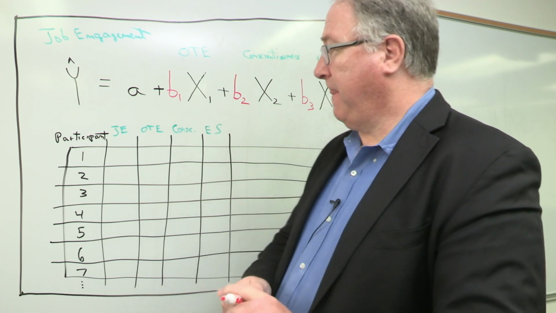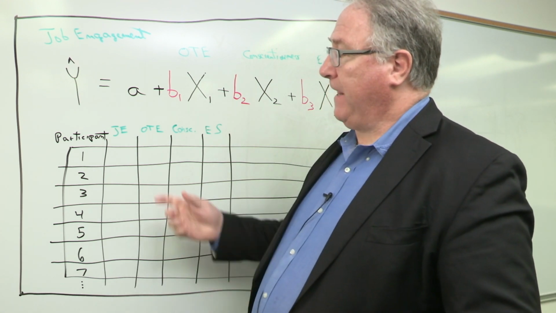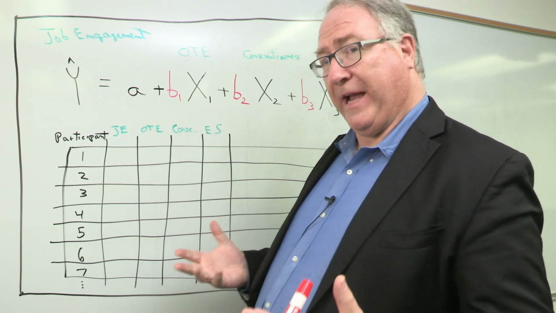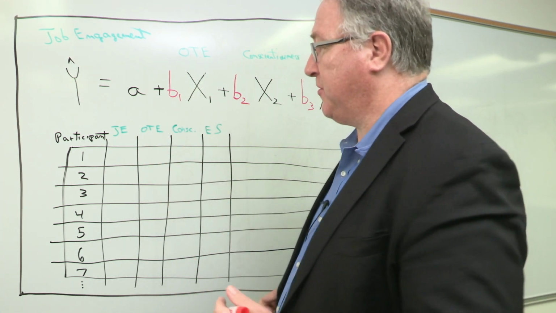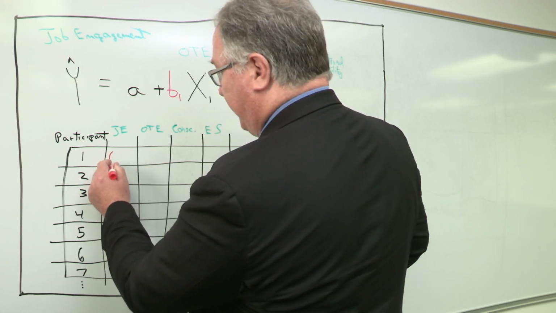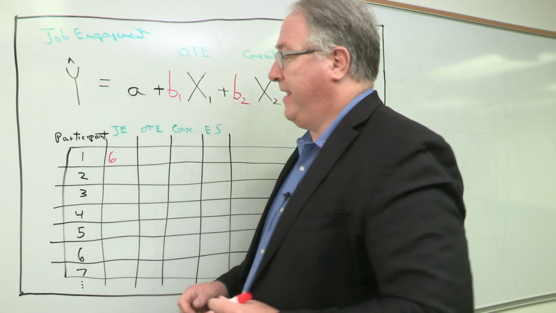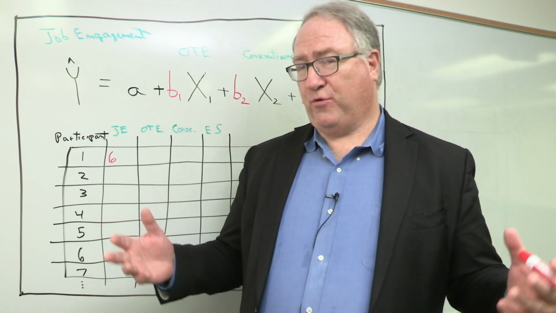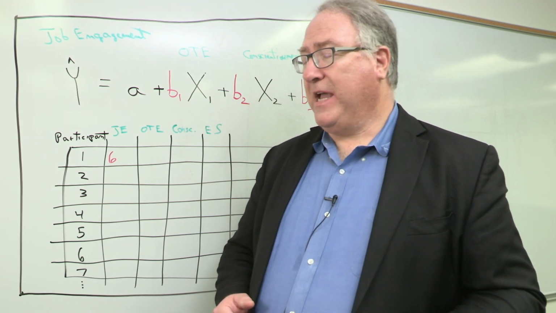All right. So let's say that the participant 1 score, their observed score, the score that they actually got on the job engagement measure, was 6. So we'll put a 6 in here. Now you'll notice something, and this is a crucial aspect for you to notice.